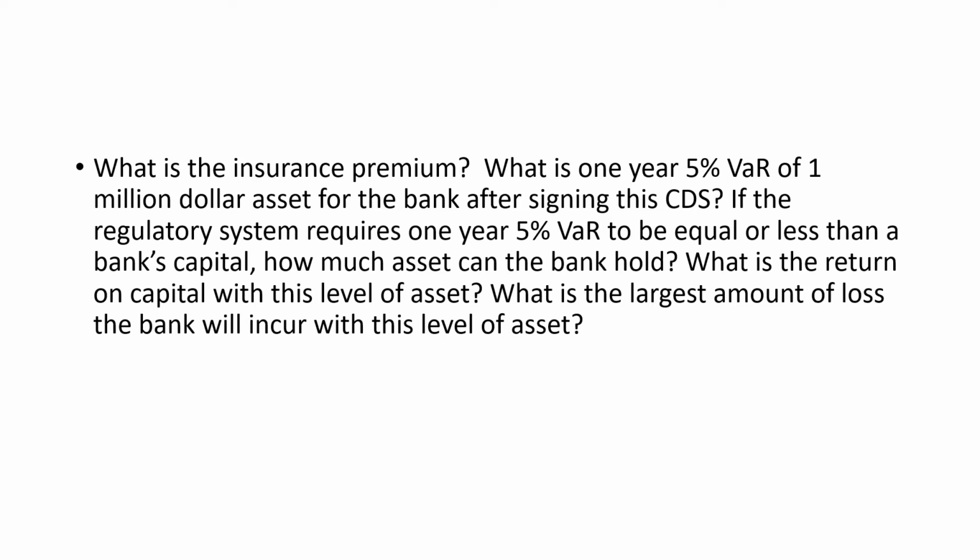If the regulatory system requires the 1 year 5% value at risk to be equal to or less than a bank's capital, how much asset can the bank hold? What is the return on capital with this level of asset? What is the largest amount of loss the bank will incur with this level of asset?